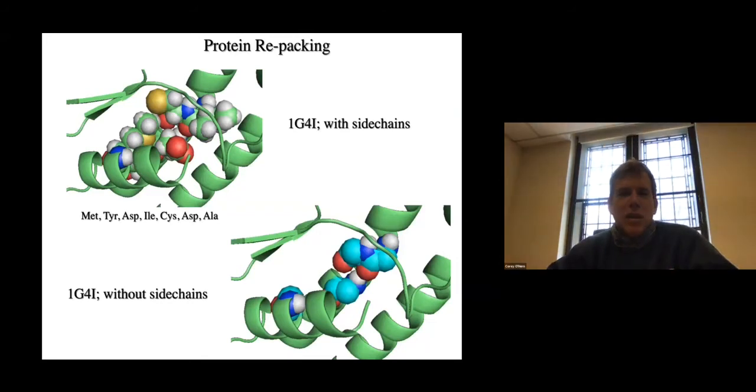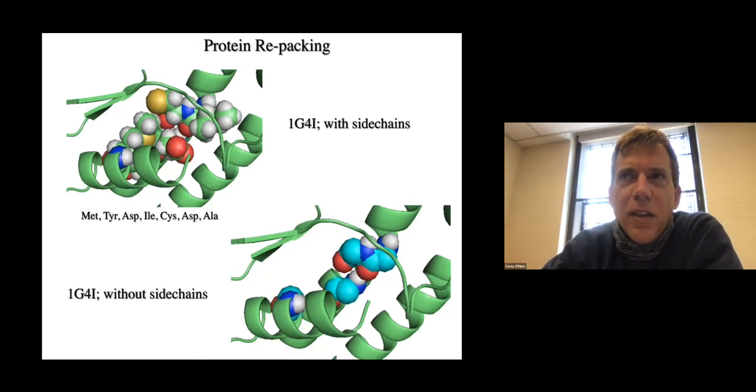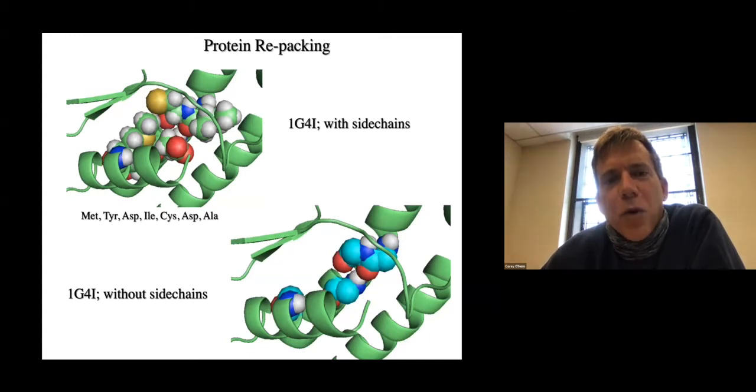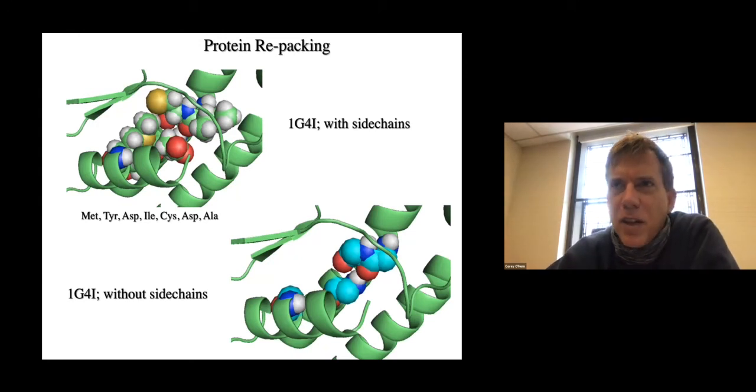And so people started asking that question in the 90s of the protein repacking puzzle, where you take an experimentally determined X-ray crystal structure of a protein, and you look at the amino acids that form the core, and you take them out. You can imagine various levels of difficulty of this exercise.